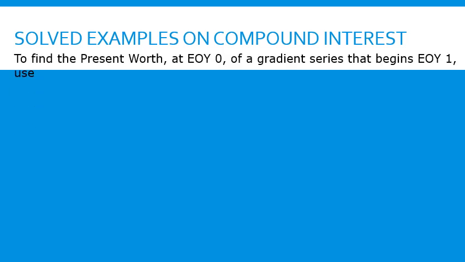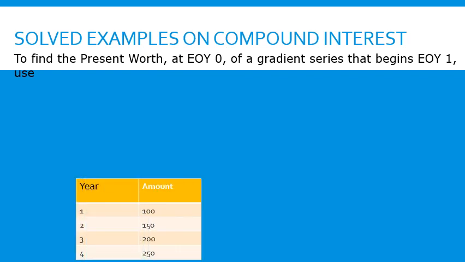Let me take an example: to find the present worth at end of year 0 of a gradient series that begins from end of year 1. In this problem we can observe that the first year the amount paid is 100, second year 150, third year 200, and fourth year 250.